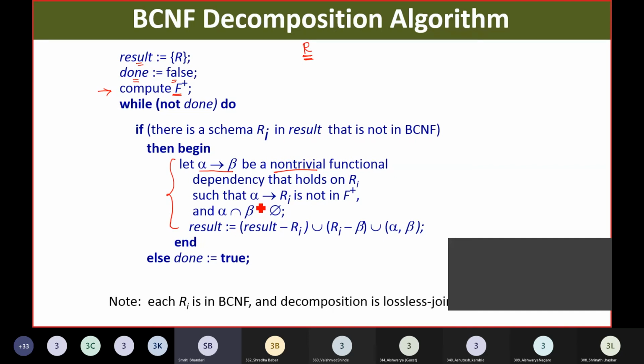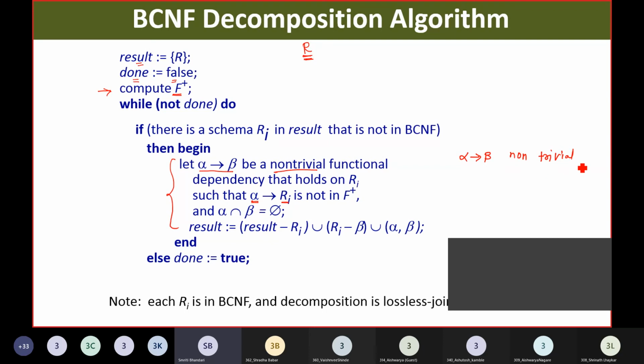And also alpha is not a super key of the relation Ri under consideration. I'll repeat, we need to test for two conditions. What are those two conditions? Alpha to beta is non-trivial, because if it is trivial, then it satisfies the BCNF norm.